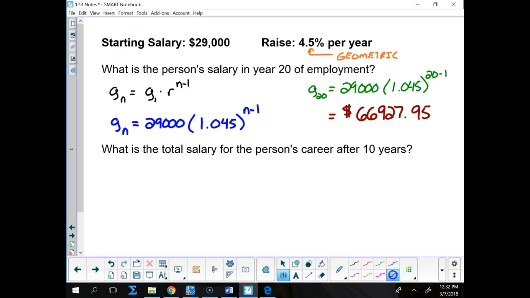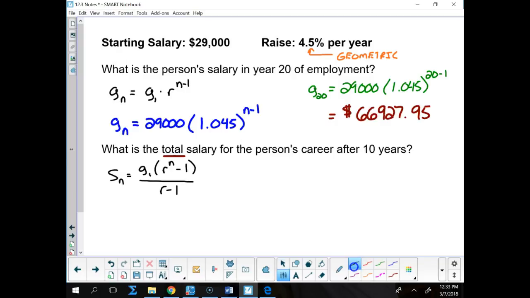Total salary for the person's career after 10 years. So that's a total. What does total mean? Sum. So I'm looking for the sum here. So my rule there would be the sum is the first term times r to the n power minus 1 all over r minus 1.